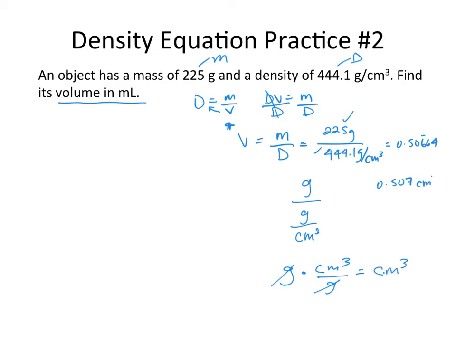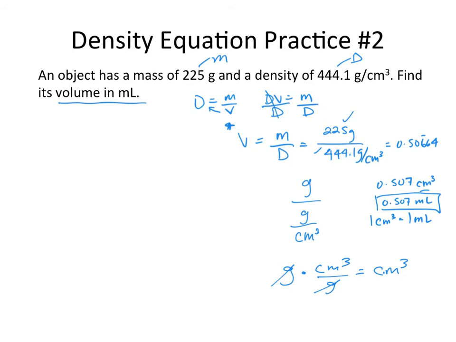But what we need to know, guys, is the cool thing about the metric system is that 1 centimeter cubed is the equivalent of 1 milliliter. So when you see centimeter cubed, you should automatically think milliliters. So our final answer here is going to be 0.507 milliliters of the liquid.